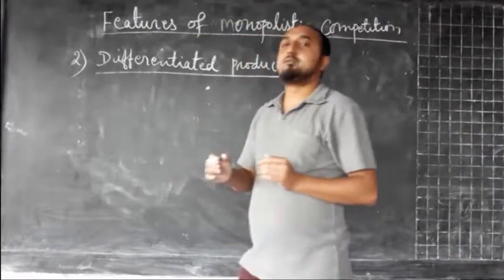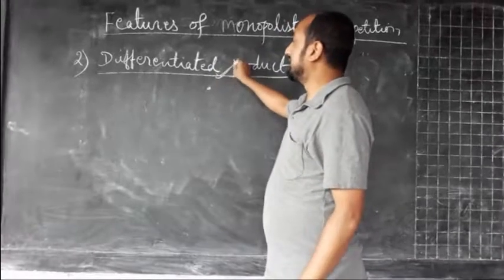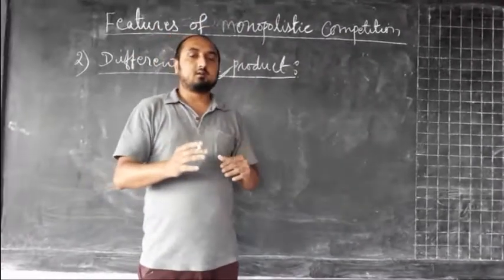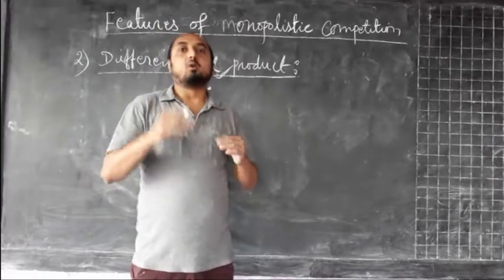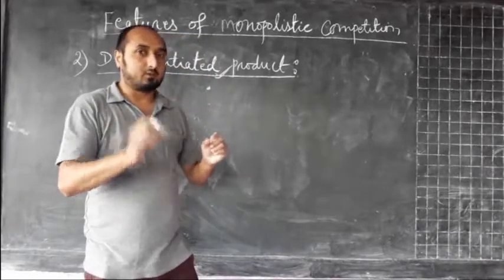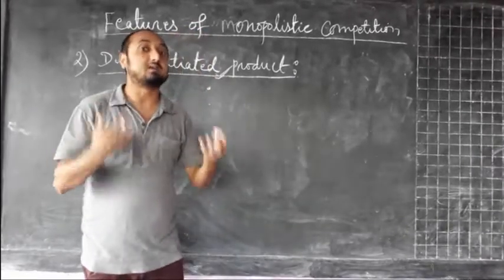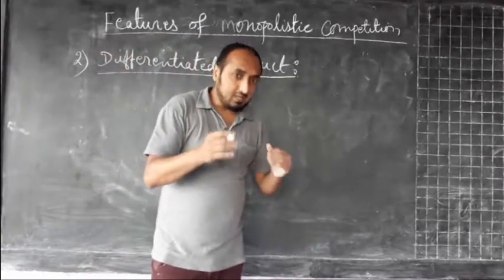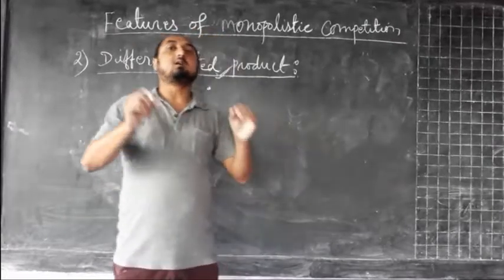The second important feature of the monopolistic competitive market is differentiated product. Differentiated product means each firm under monopolistic competition produces a product that is different from the products of its competitors. You have to understand that concept. The products may be substitutes for each other, but they are different.